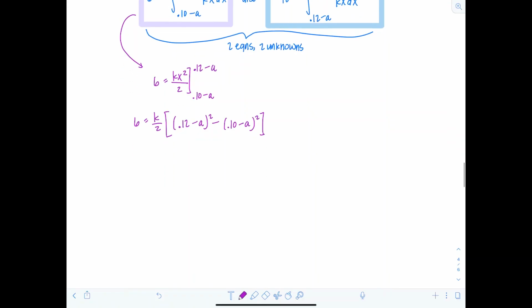Okay, now I have to multiply everything out. And while I'm at it, let me just multiply this 2 over to the other side. So I have 12 equals k times 0.0144 minus 0.24a plus a squared minus 0.01 plus 0.2a minus a squared. And this is nice because notice the a squareds cancel. So this won't be too crazy of a system to solve, we can see now.